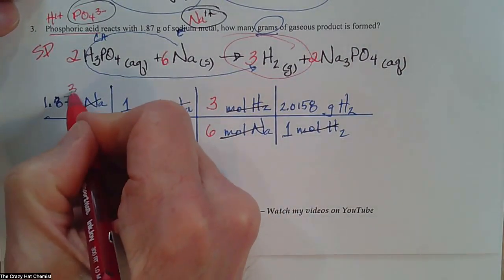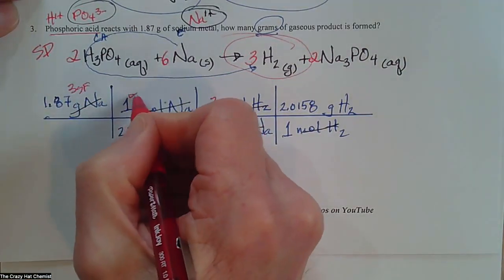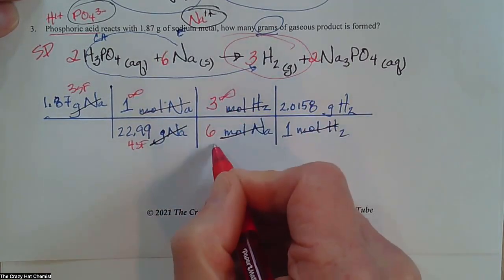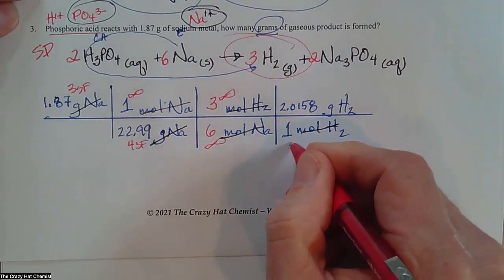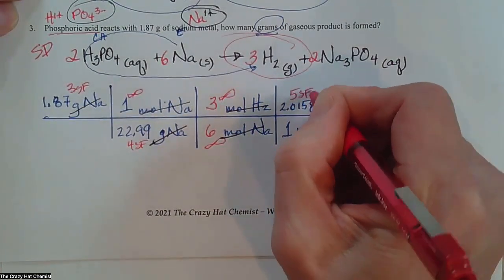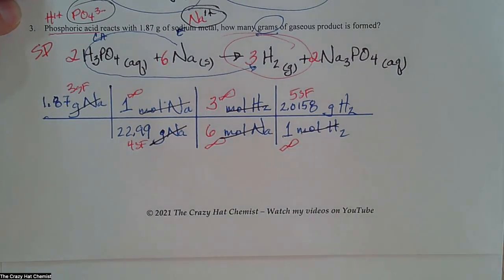I'm going to have 3 significant figures, 4 significant figures, infinite number of significant figures, 5 significant figures. So the fewest number of significant figures I have is 3 on this problem.